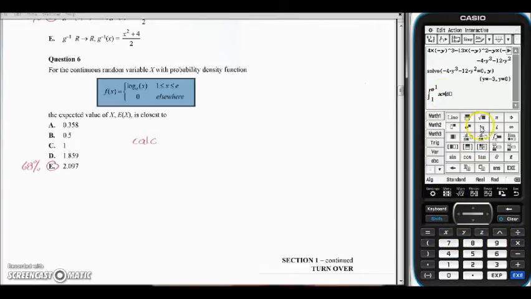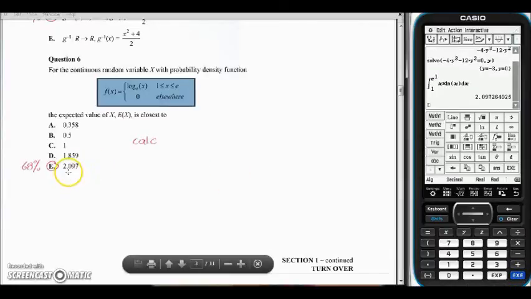Now log e is ln, so just use ln, it's quicker. That gives you, let's change it to a decimal, 2.097, which of course is e.